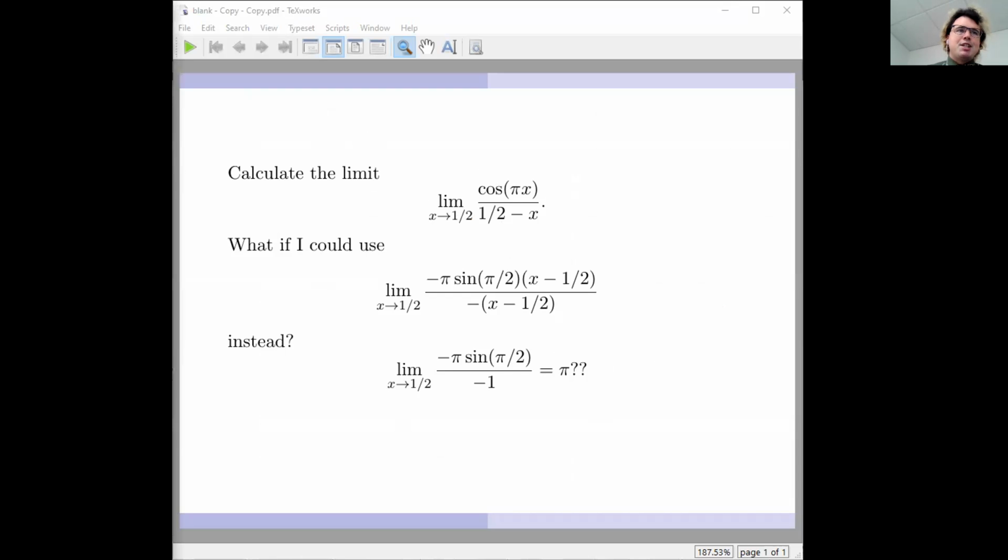So this is a special technique called L'Hopital's rule. And what I'm going to do next is I'll explain this rule in practical terms, but also explain why it is that it works in the situations that it does.